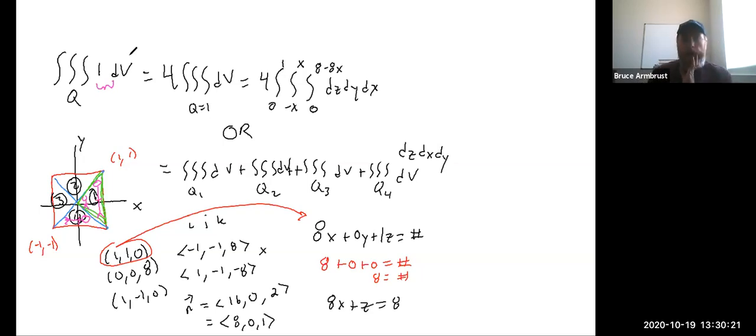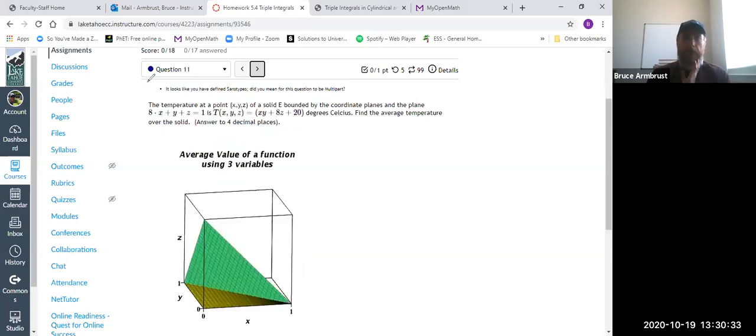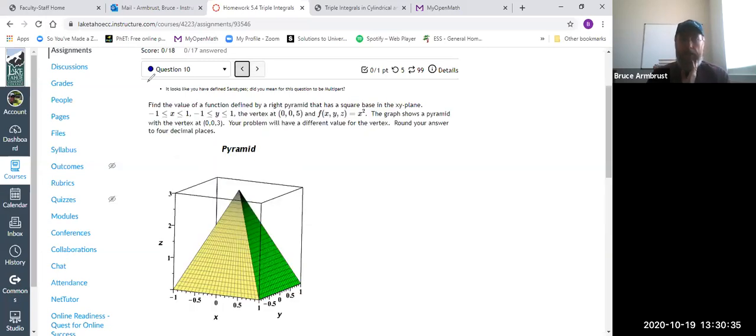All right, so lastly, let's take a look at number 11. So let's see what that one's asking us to do. Oh, by the way, here you can see number 10. It looks really similar, but now the function that we're integrating is x squared.